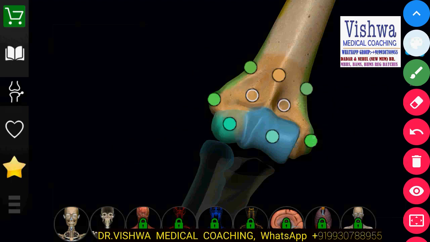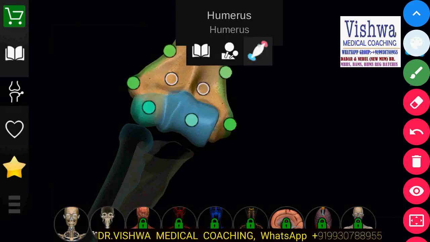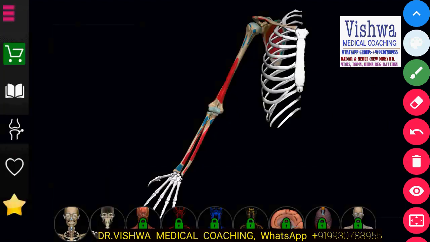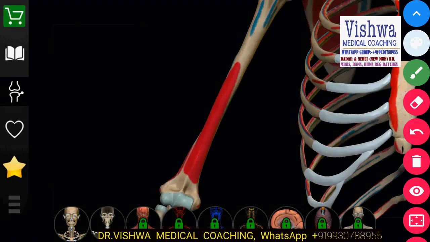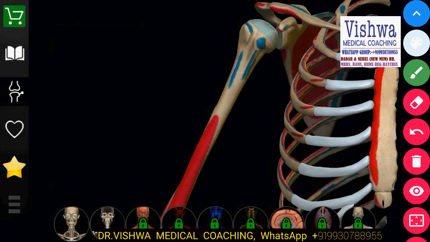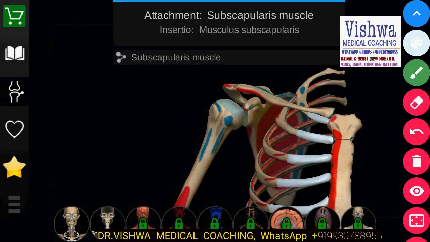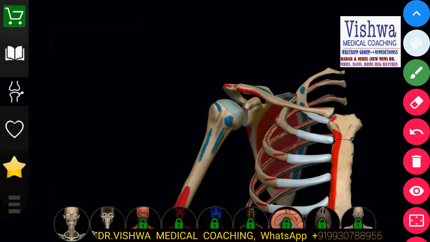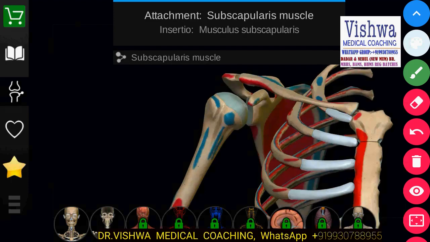Let's come to the muscles which are attached to the humerus. If you can see, we have some muscles which are marked in blue color, some muscles which are marked in red color. So we have some muscles which are attached to the greater tuberosity.